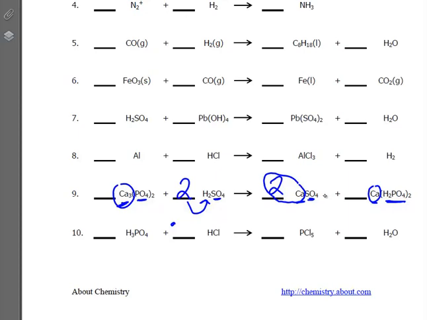So I have 3, and I have 2 phosphorus here, and over here I have 2 phosphorus, and I have 8 oxygen and 8, so that's 16, and 4 times 2 is 8 in this molecule, and 8 over the 16, so that's balanced. So the coefficients are 1, 2, 2, 1.